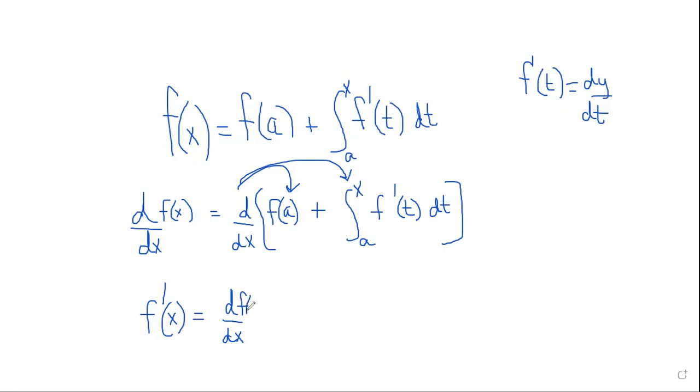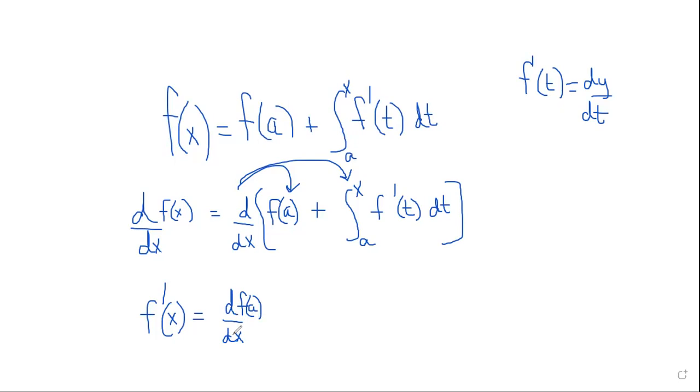Now, don't overthink this. F here is evaluated at a fixed point A that we chose in advance. It doesn't depend on x. It only depends on A, and I'm only asking you how f changes with x. So the answer to this is simple. It's 0.